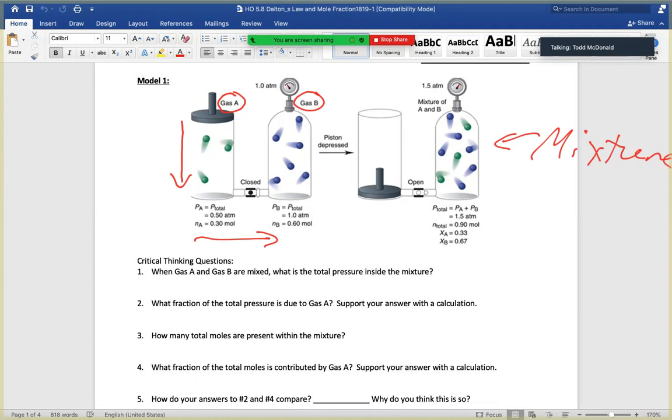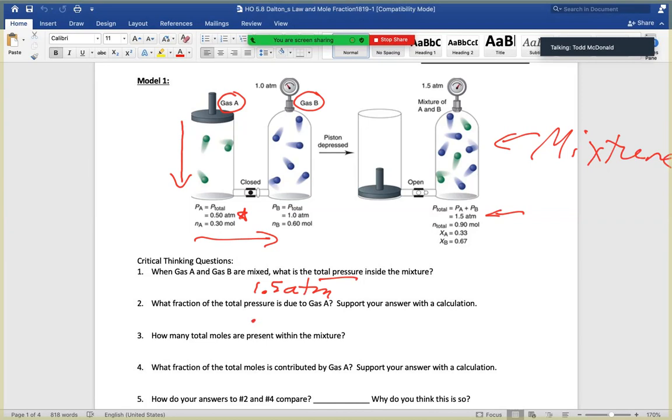If gas A and B are mixed and put in the same container, what's the total pressure inside the mixture? All you have to do is look at the data right here, and the total pressure is 1.5 atmospheres. Then it asks what fraction of the total pressure is due to gas A. On the left you have 0.5 atmospheres of pressure from A, and on the right the total pressure is 1.5.